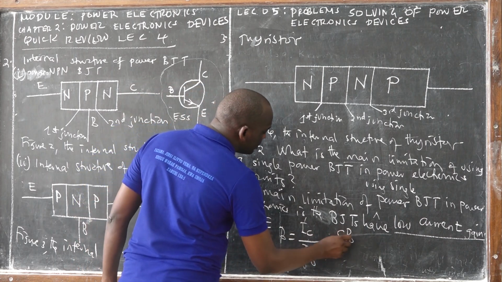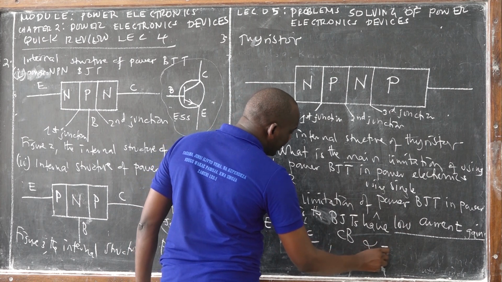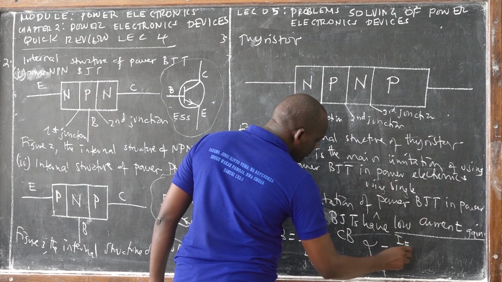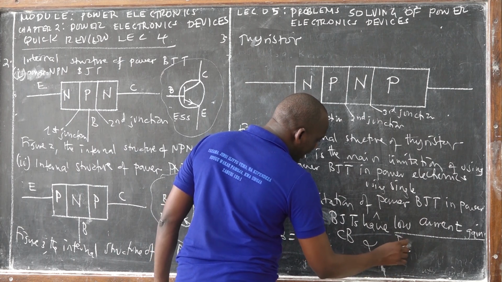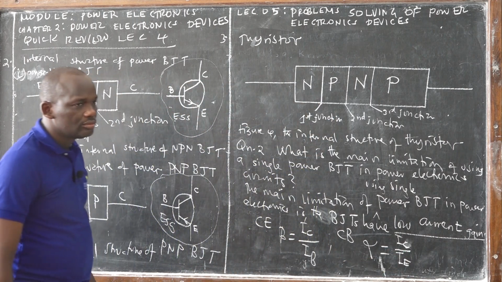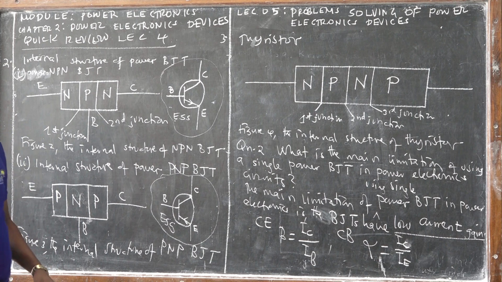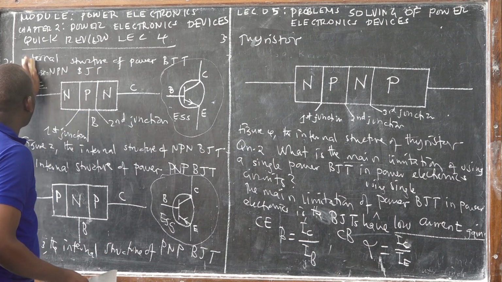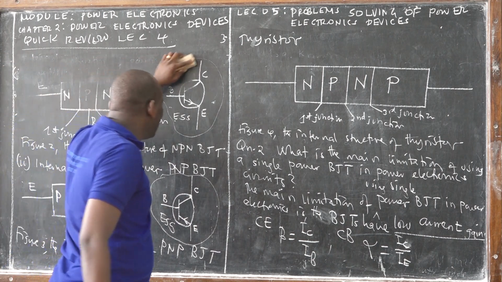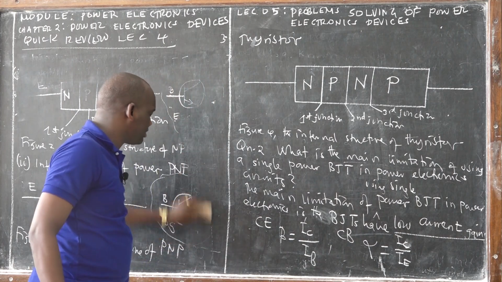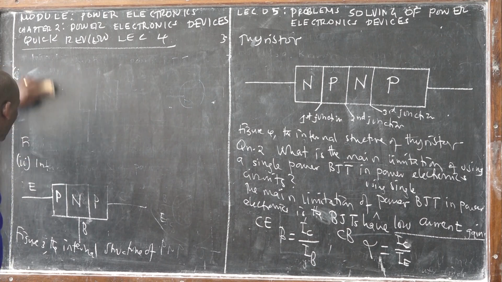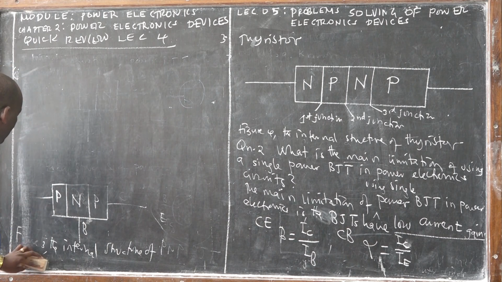In common base, the current gain is calculated as the collector current over the emitter current. So the nature of bipolar junction transistors is that they have low current gain. That's one of the limitations of using a single bipolar junction transistor in designing power electronics circuits. Is it clear?